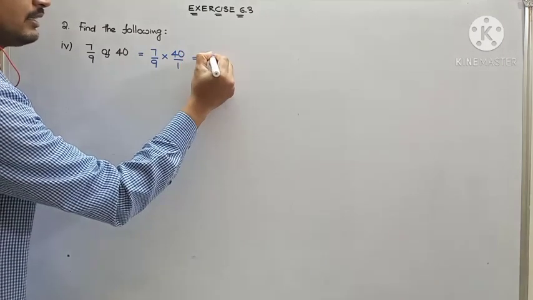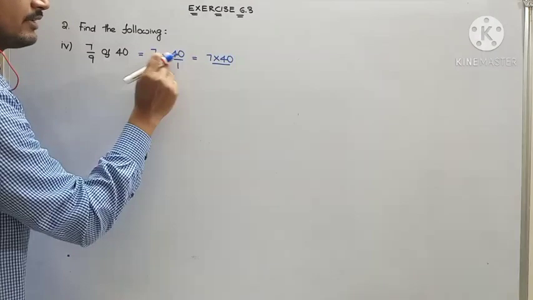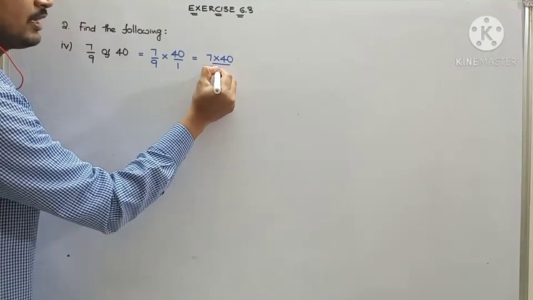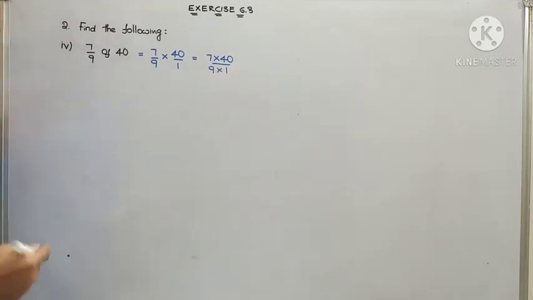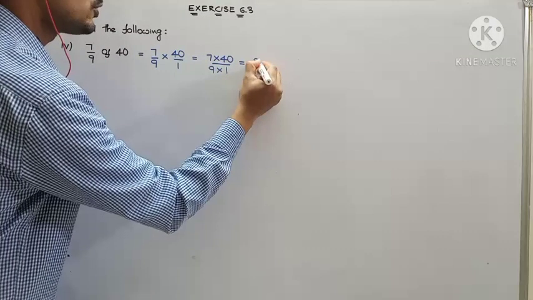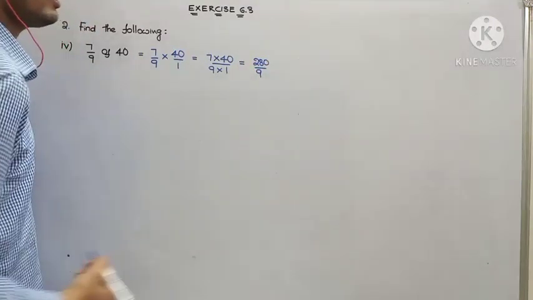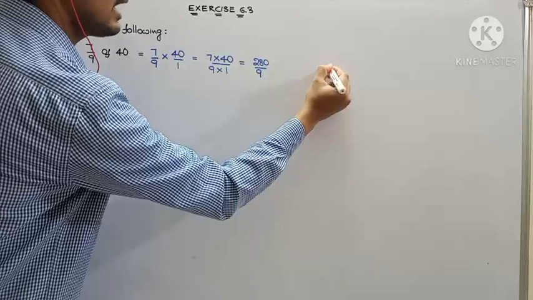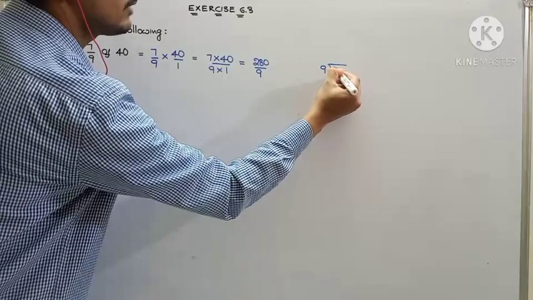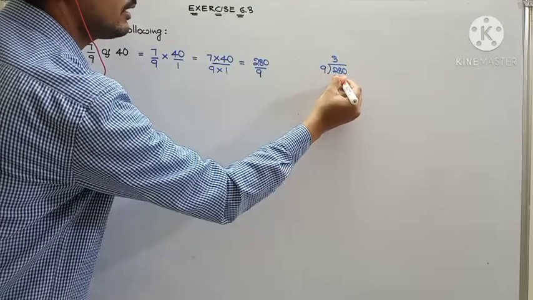Hence we can't do anything, just regular multiplication of numerators, that is 7 into 40, and regular multiplication of denominators, 9 into 1. So 7 times 40 is 280 divided by 9 into 1, 9. Here we have a chance of converting this into a mixed fraction. So 9 times 3 is 27.